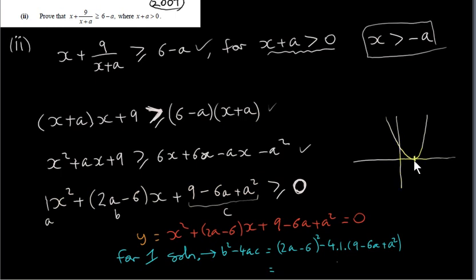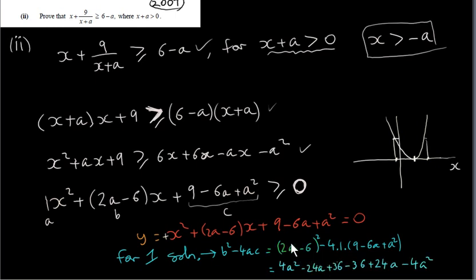That point would be the value of x that makes this inequality an equality. Just the one value where we get that this expression is equal to 0. And for all other values of x, y will be positive. Y will be greater than 0. Like if we take this value here or any value, we'll see that y is greater than 0. So we know it's an upright u-shape because the coefficient of x squared is positive.